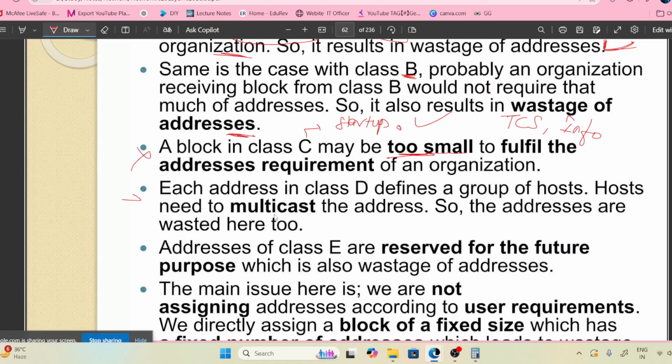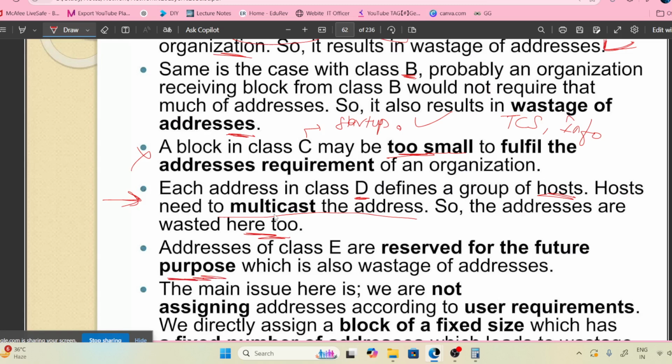Now we have class D. Class D defines a group of hosts, and hosts need multicast addresses, so the addresses are wasted again. The reserve that you have put here is also wasted. Addresses of class E are reserved for future purposes.